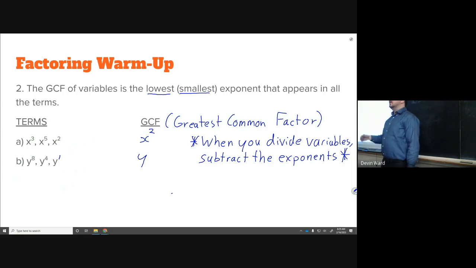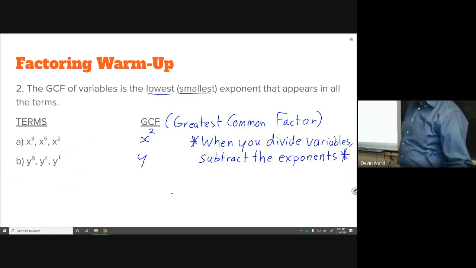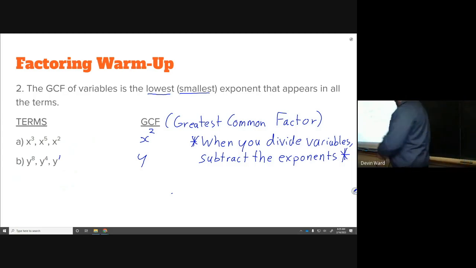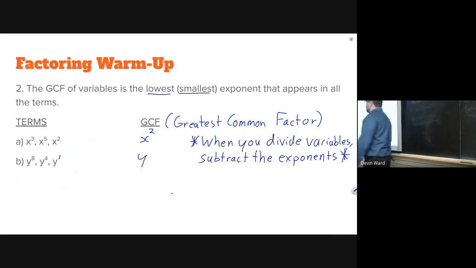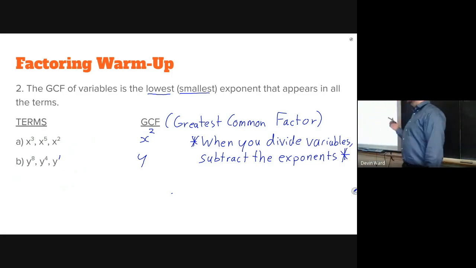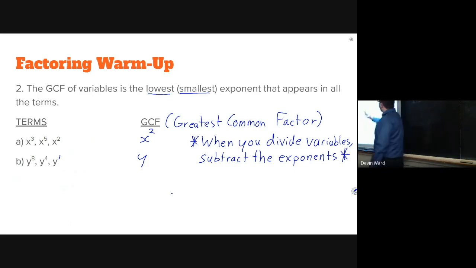So when we factor it out, we just take away 1 from each of those other exponents. These are a little bit more complicated than just the numbers, but we're just going to look for the lowest exponent always.